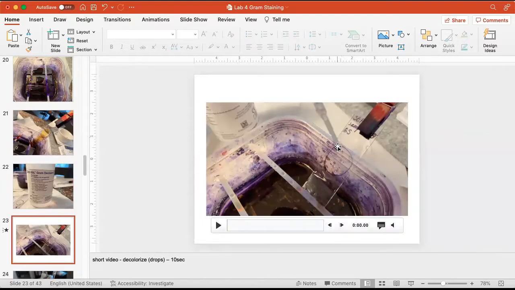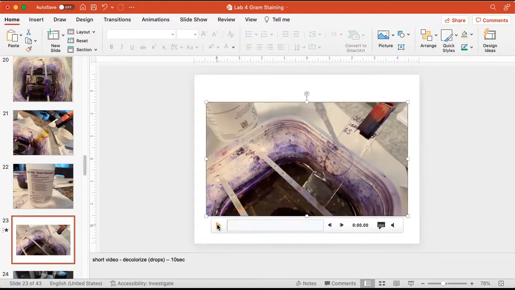You're going to let each droplet just run down over the smear and down into the staining tray. Remember what it's doing. It's pulling stain out of cells. So we want it to go right down into our waste tray.